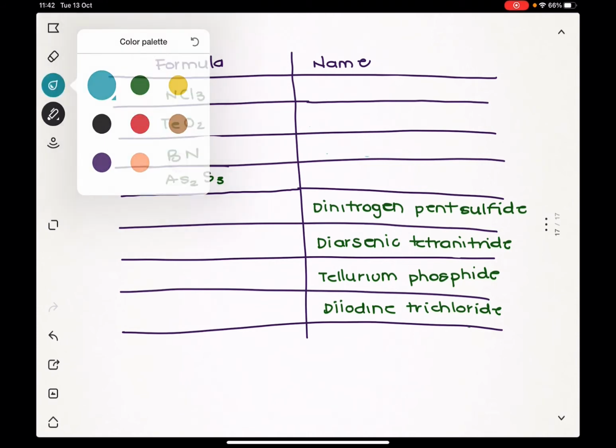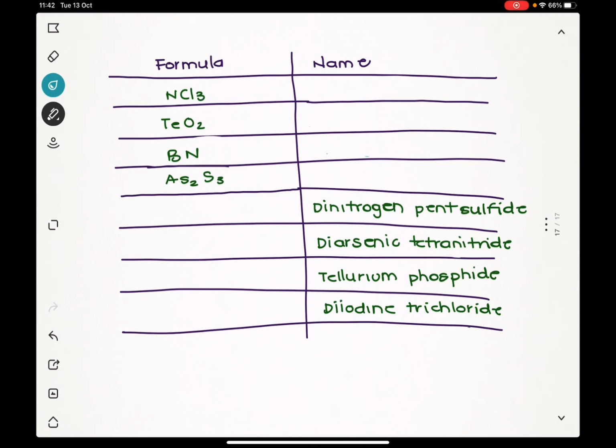Okay, so in this first case, we have NCl3. We have nitrogen, and it's only 1, and we do not put mono. And then we have chlorine, which is 3. So I have nitrogen, the name of the element, trichloride, because we have 3, and the "ide" because it is the last name, right?